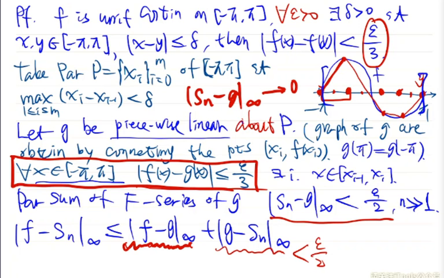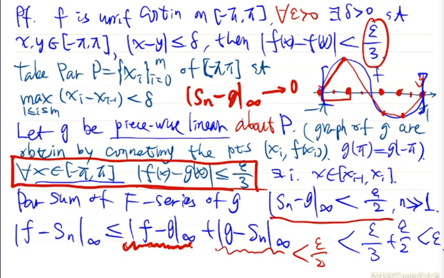So for every x this is not greater than a third of epsilon, so the supremum will not be greater than a third of epsilon. In conclusion, this sum will not be greater than a third of epsilon plus half of epsilon. Of course, this is less than epsilon.